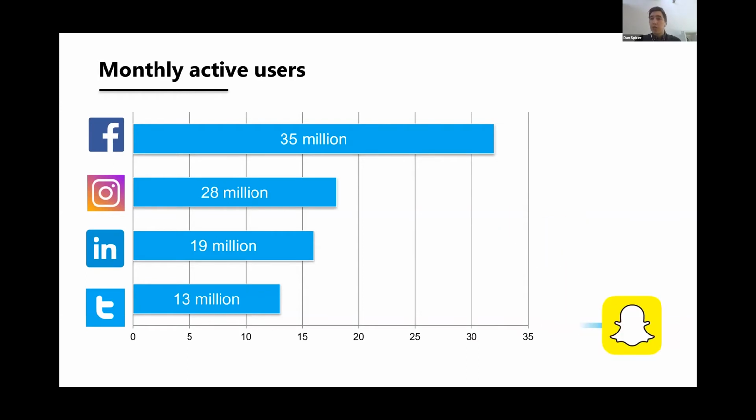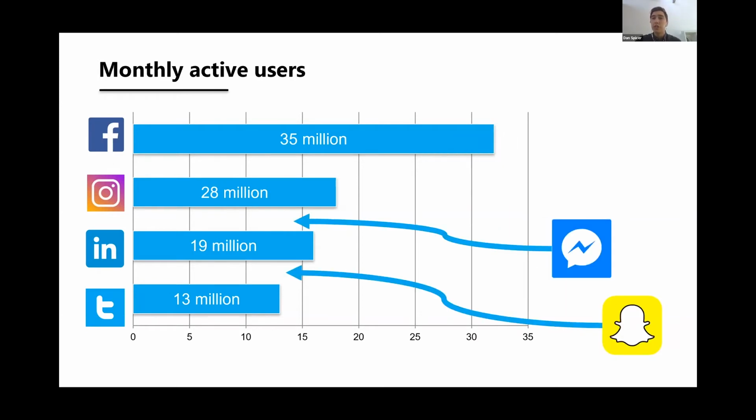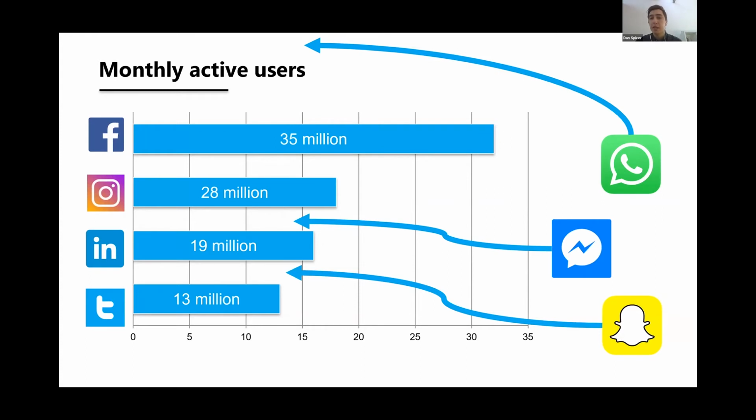And also the landscape has fundamentally changed. So there are a number of new platforms that have come into place. So Snapchat with 15 million monthly active users, Facebook Messenger 25 million, and WhatsApp now with 39 million at the last count late last year, actively using these platforms, all of them with social advertising capabilities, and all of them fairly cost effective.